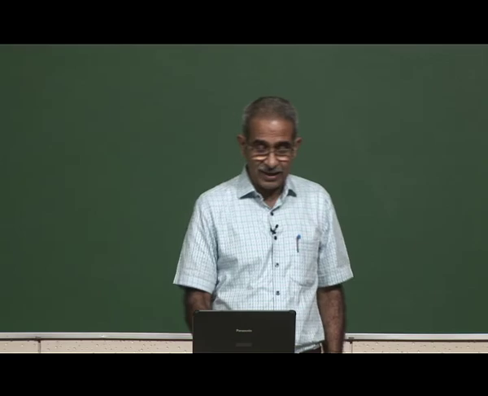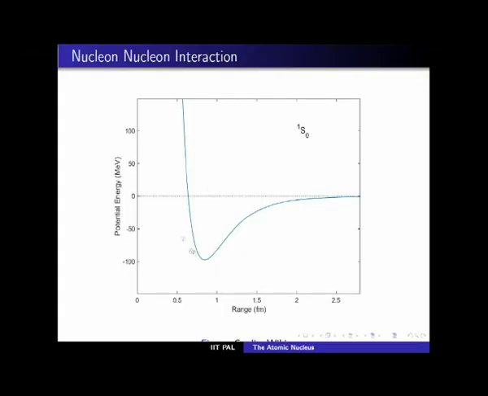They are very complicated, but this is a cartoon at this particular point for you to get an idea of what the interaction is. What you should notice is that it is hitting a peak around 0.5 Fermi, 0.5 femtometer, and it is getting saturated around 2.5 Fermi, which is about 2.5 femtometers. So the size will be of the order of a femtometer. That is what we have. So this is something that we have to remember.